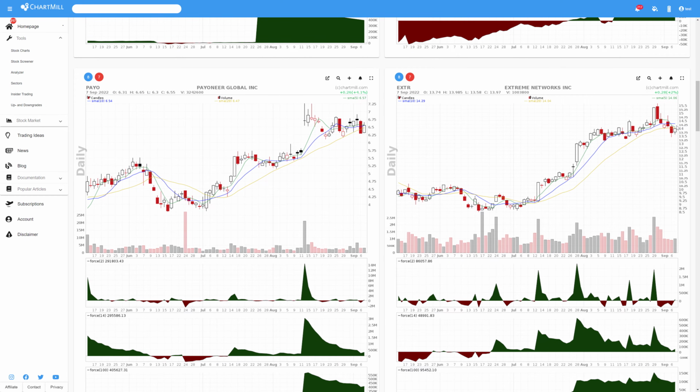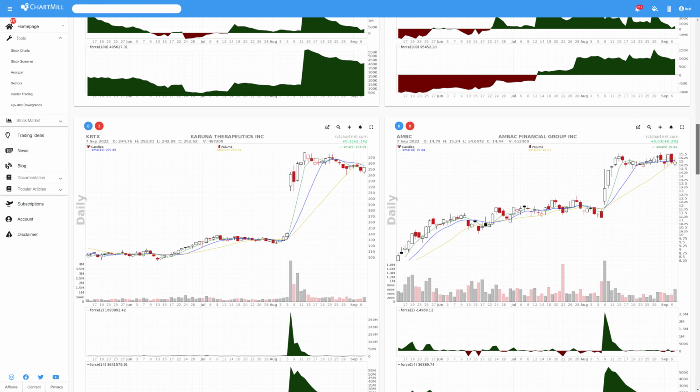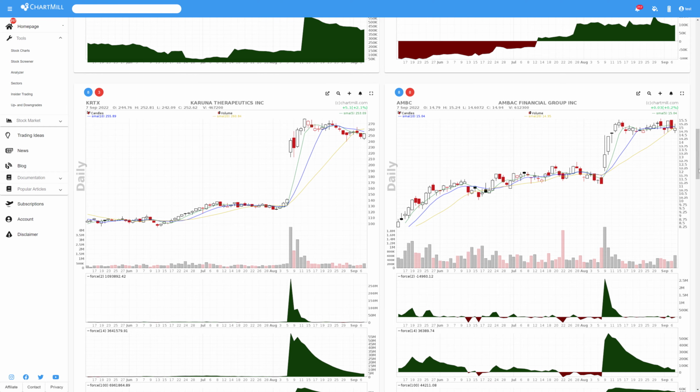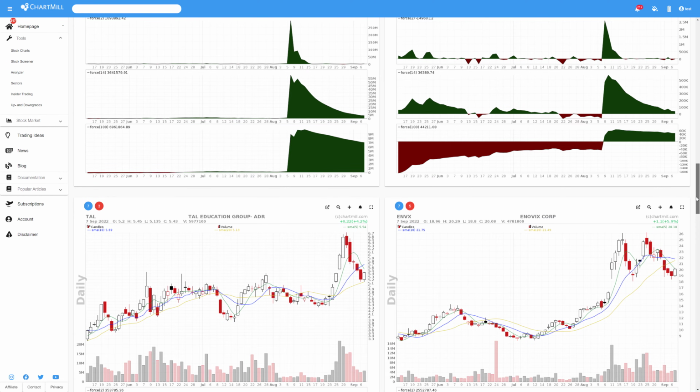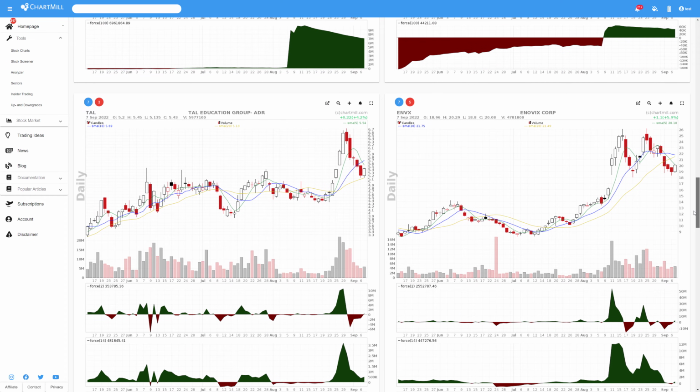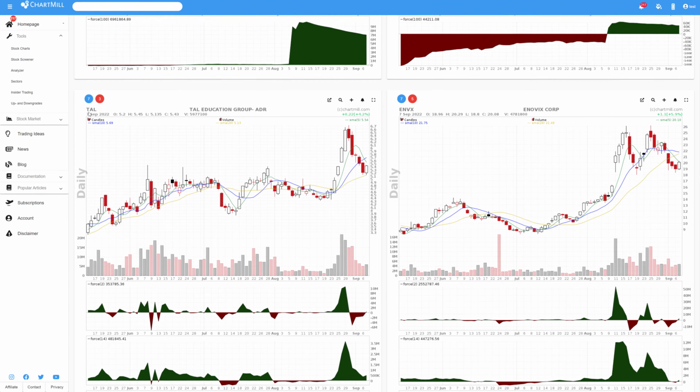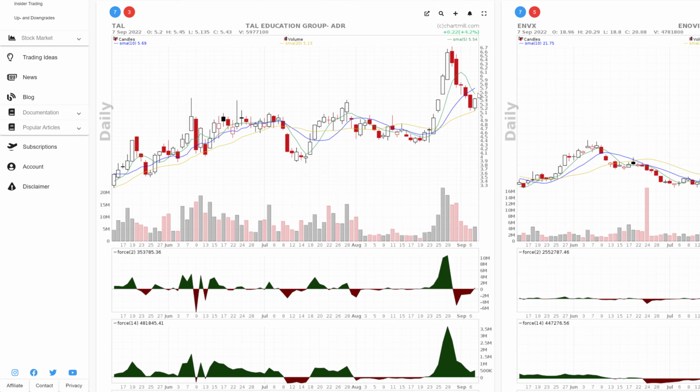Extreme Networks, the candle is too short, don't like it. TAL, that could be a reversal. I'm going to add this one to my retracement force index screen.